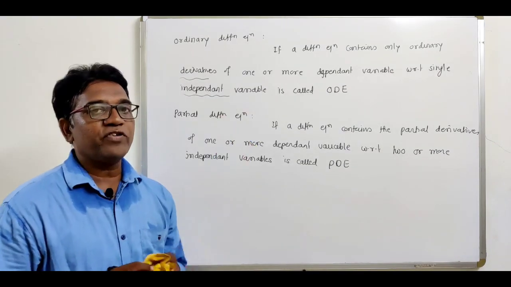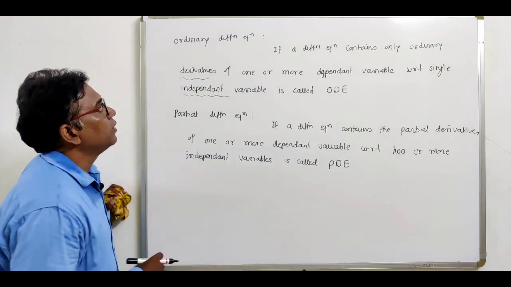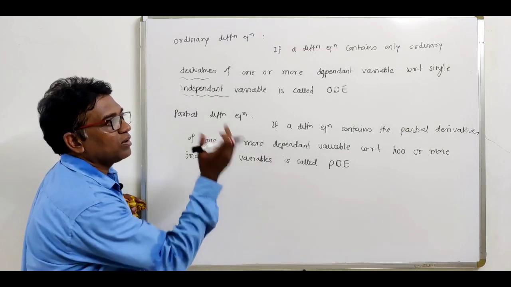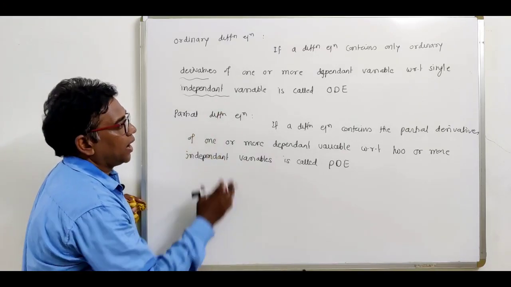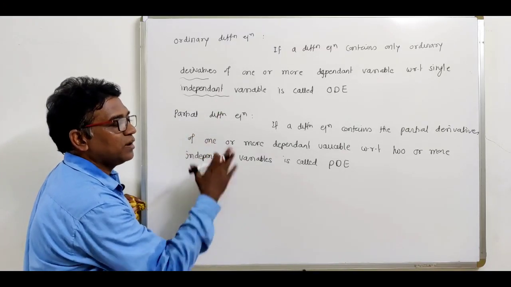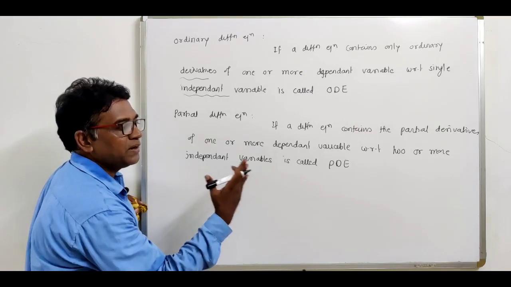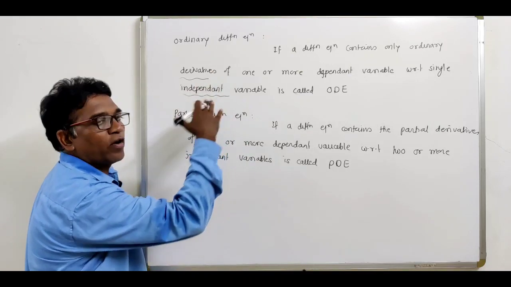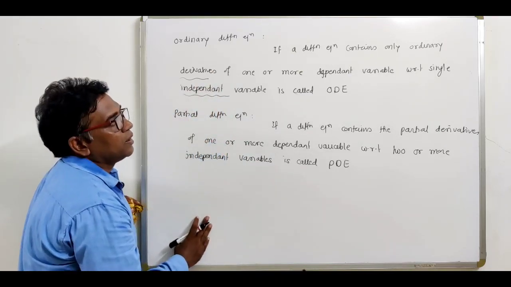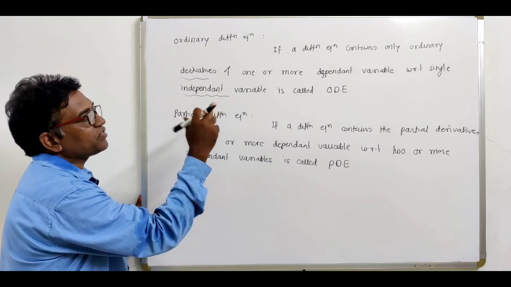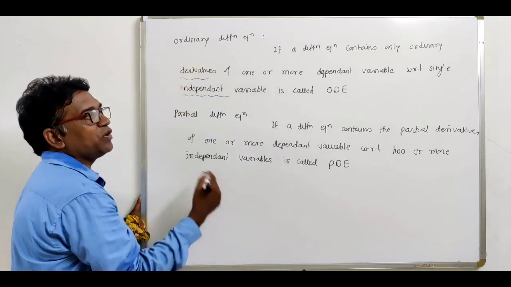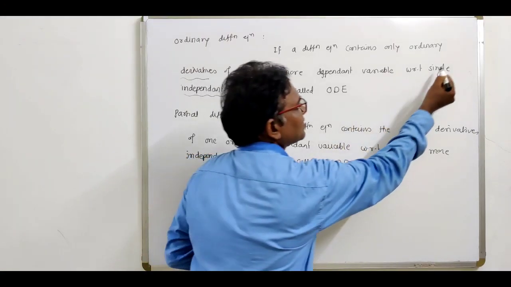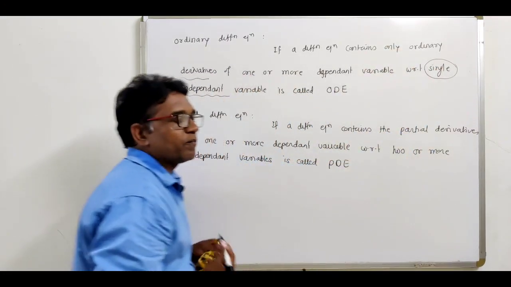Now see, there are 2 types of differential equation. One is the ordinary differential equation, called ODE. And second is the partial differential equation, called PDE. Now what is the definition of an ordinary differential equation? A differential equation which contains the ordinary derivatives of one or more dependent variables with respect to a single independent variable.